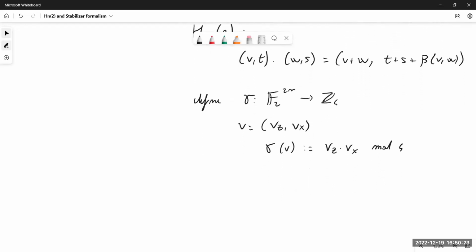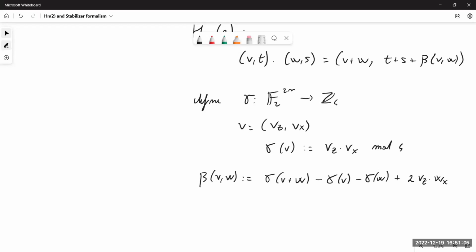And given this function, we define beta in this way: gamma of V plus W minus gamma of V minus gamma of W, and then there is another term, 2 Vz times Wx. And so this is the function that we use in the definition of the qubit Heisenberg group.